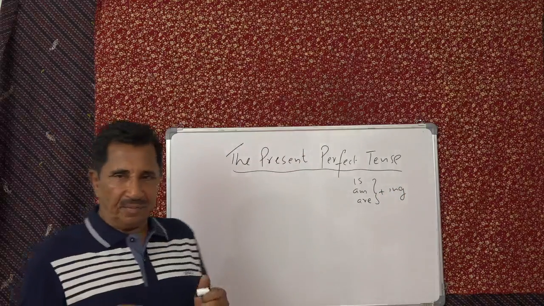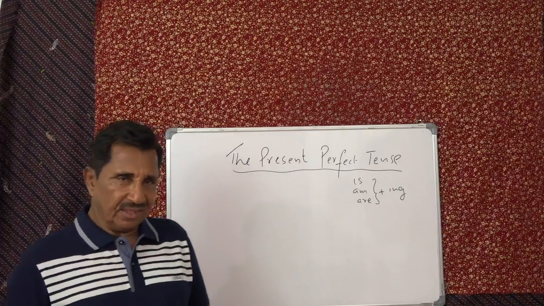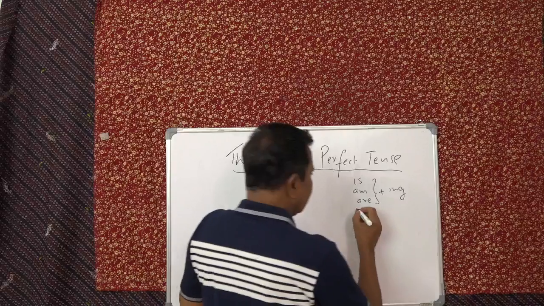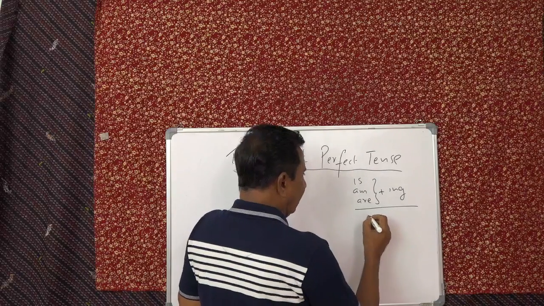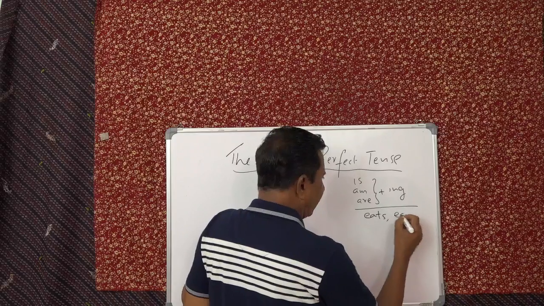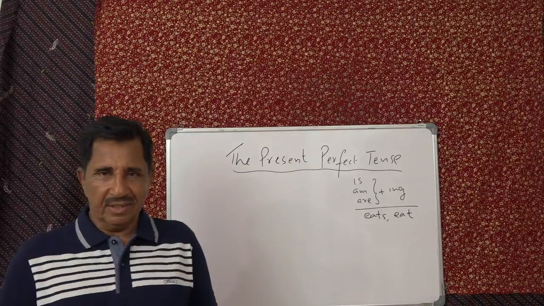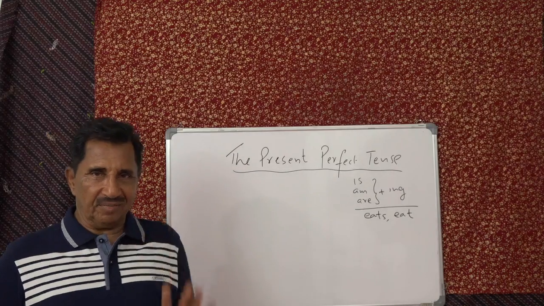Am eating, is eating, are eating. Isn't it? Then in the simple present you saw one form with s and another form without s. There are only two forms, and you know where to use them.